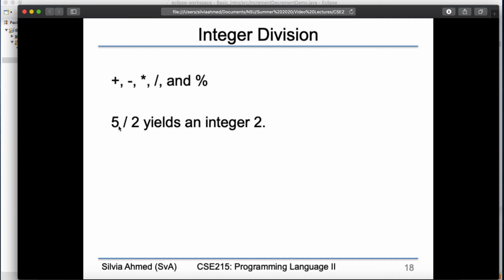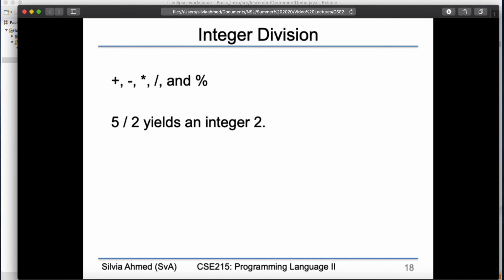So if you want to have 5 by 2, you expect the result to be 2.5, but your program will give you the output integer 2. Why so? Because by rule, any operation that involves all integer inputs will have integer output.